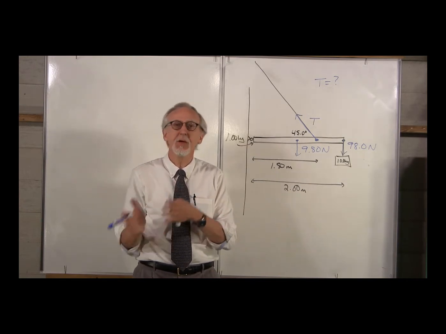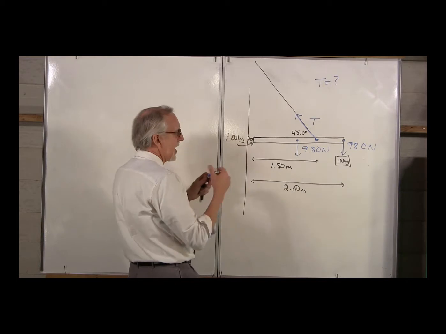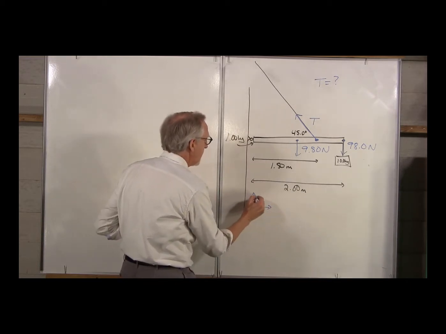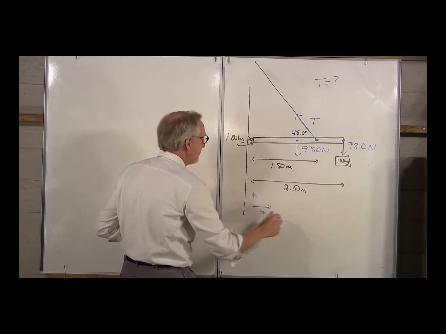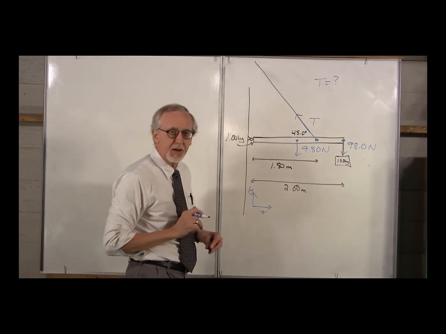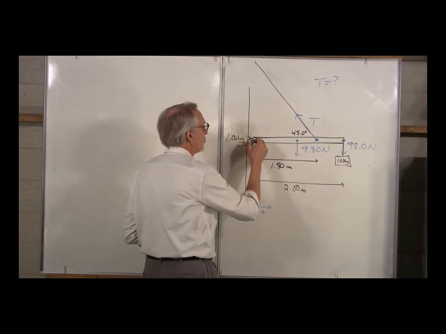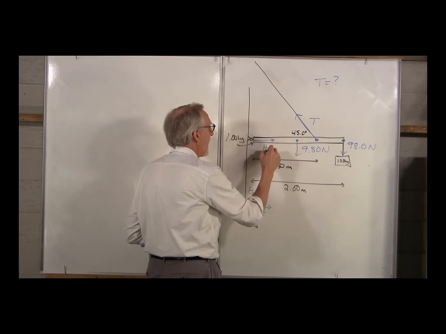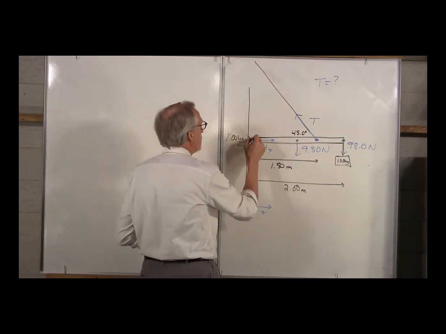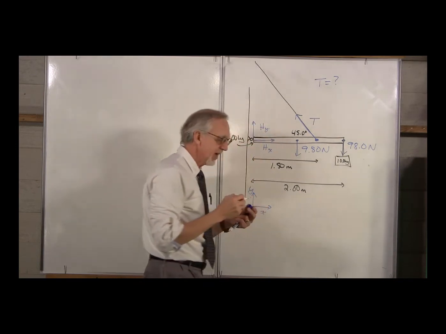And if we wanted to, we could always put those components back together. So again, we're going to define x and y coordinates this way, x horizontal, positive that way, y vertical, positive this way. Let's define our hinge forces. We'll say it has an x component, h sub x, and a y component, h sub y, that acts in that direction.